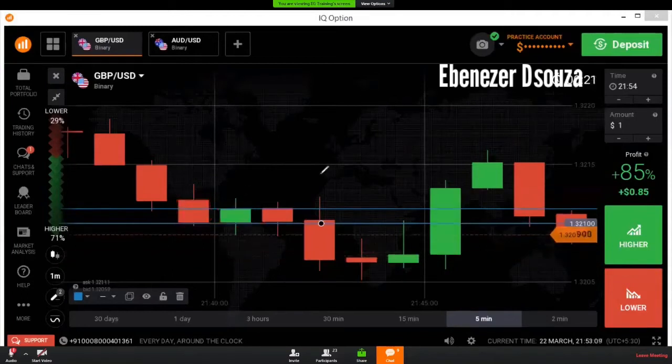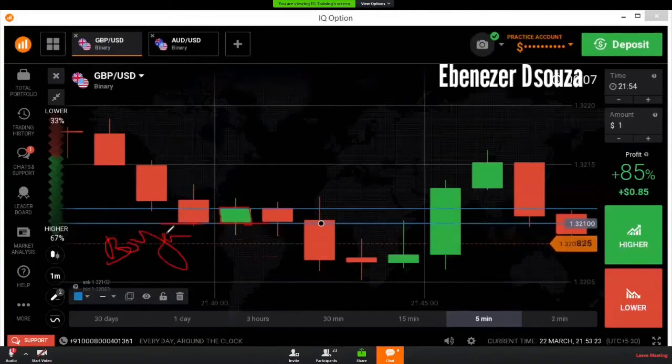Okay, here we are seeing a buyer's entry, a bullish candle. It means there are some buyers at this area. This is a buyer's area. I already told you buyer's area means support level, and from this level the candle closed here.